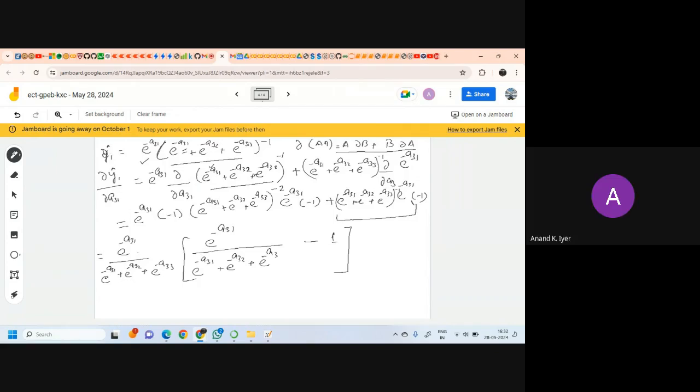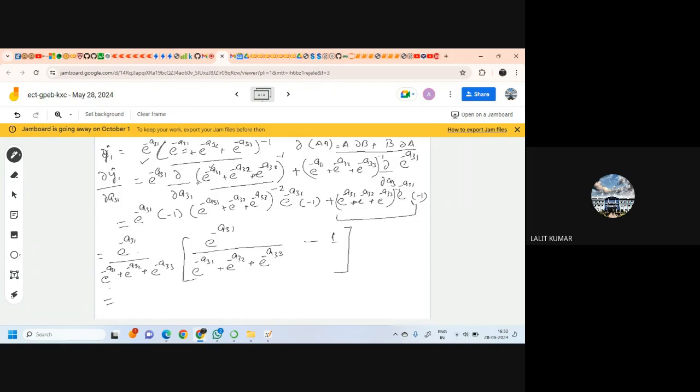Because this entire part I have taken outside. Can you make one small correction: inside the brackets, the last term in the denominator is a33, right? e to the power minus a33. Yes.